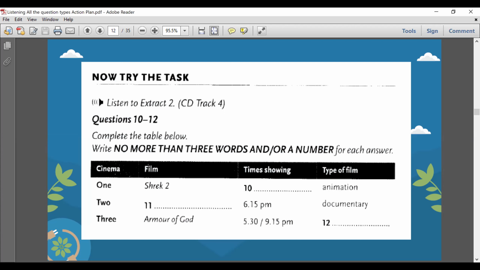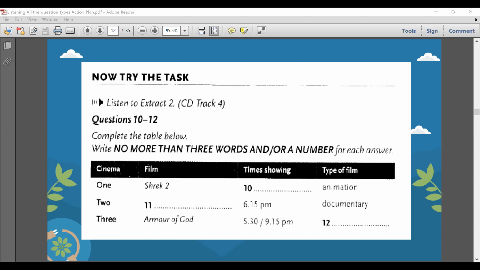Please collect reserved tickets 15 minutes before the commencement of the film. In Cinema 1, we are showing Shrek 2, the sequel to the smash hit Shrek. One performance only this morning at 11:15. This is an animated fairy tale suitable for all the family.